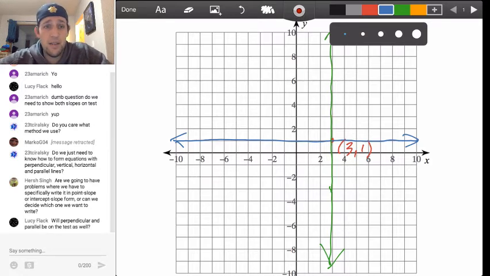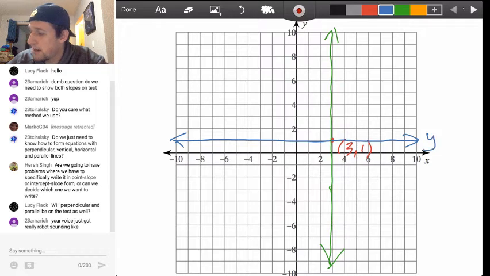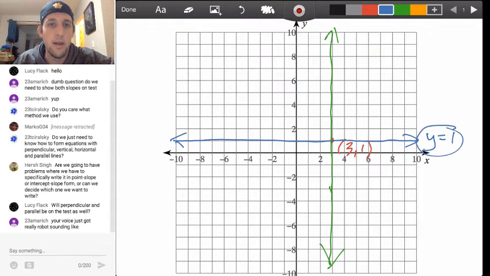In reality, if you've got a slope of either 0 or undefined, you don't want to use point-slope or slope-intercept form. On the blue line, our y values are never changing. It never goes up. So the only restriction on that line is that all of our y values be the same, and in that case, it's 1. So the entire equation of the line would be y equals 1.